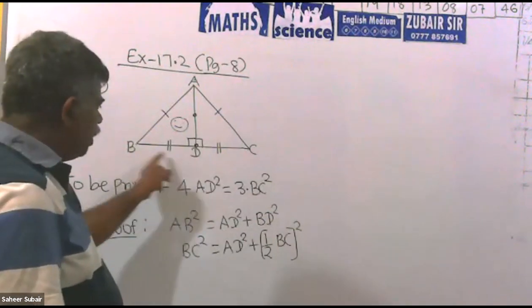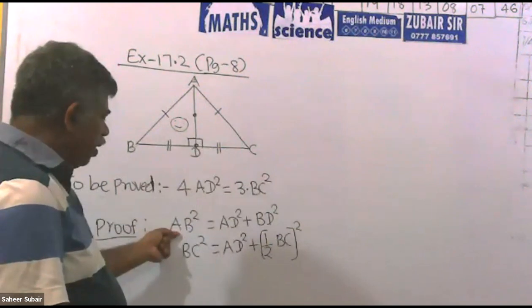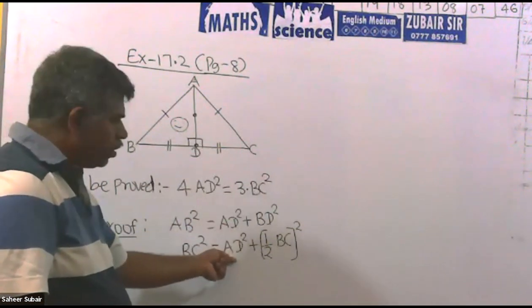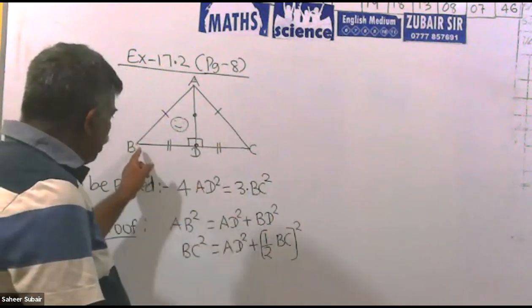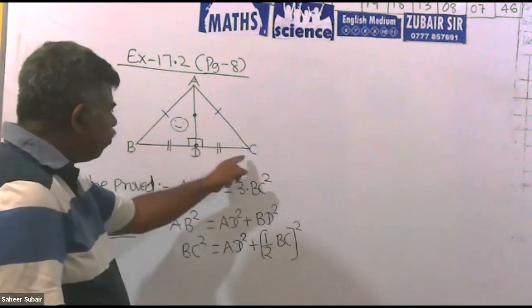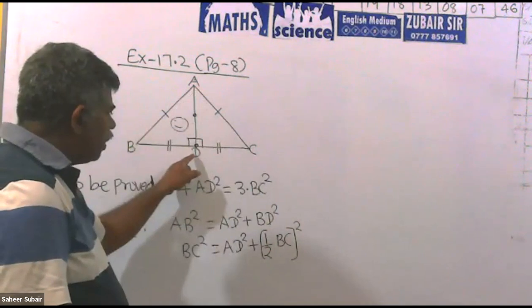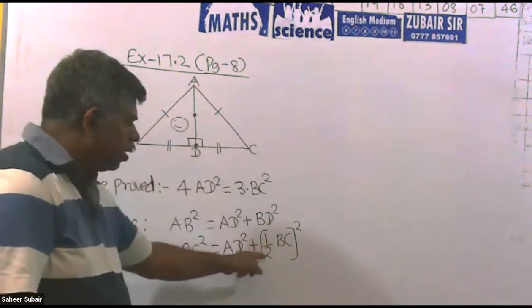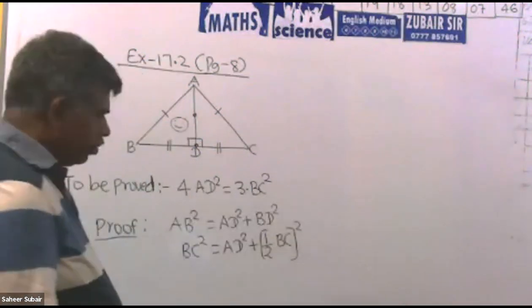So AB equals BC because of the equilateral triangle, so instead of AB, I have put BC. AD has no change. BD we don't need, we need BC only. BD is half of BC because this perpendicular bisects the third side. So BD squared means this one squared.